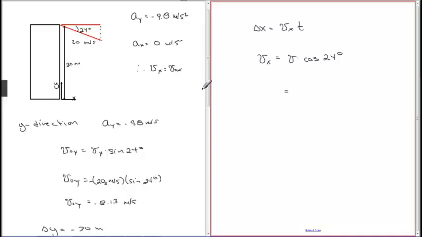So we started here at a distance of 30 meters, and we went to a distance of 0 meters for a delta y of negative 30. We calculated the initial velocity in the y direction by just using the trigonometry of this vector, and we found that the y component velocity was negative 8.13. Delta y is negative 30 meters.